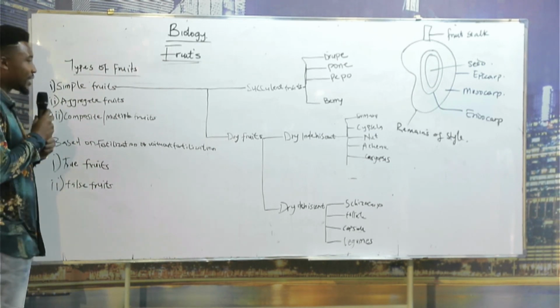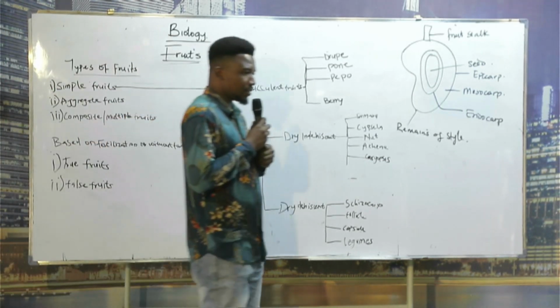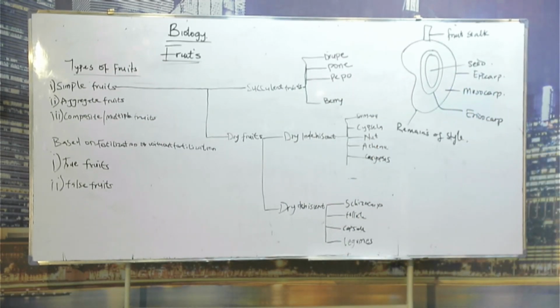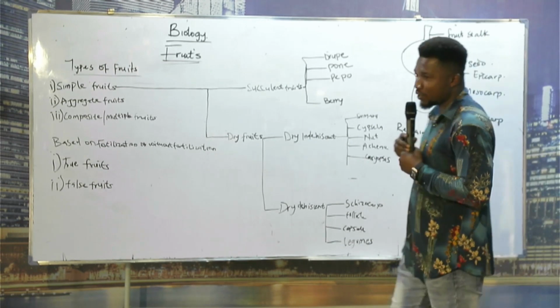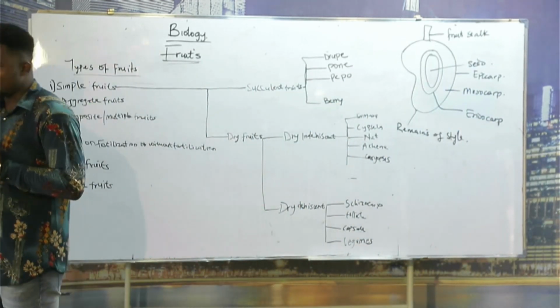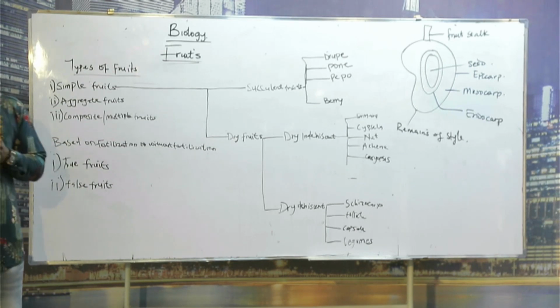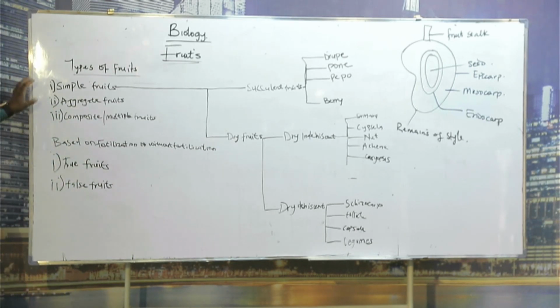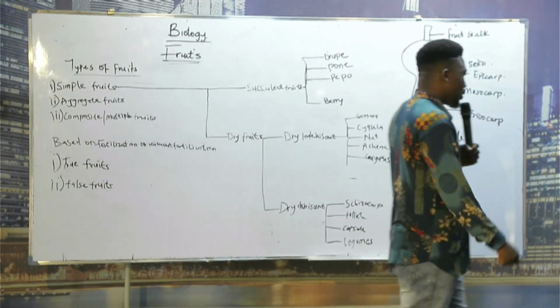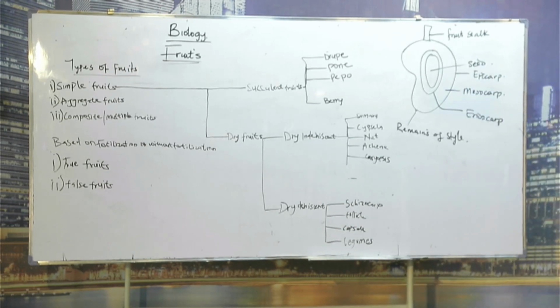So we are going to write first, based on the type of flower it is formed from. We don't need to write so much notes, please, we just need hints.